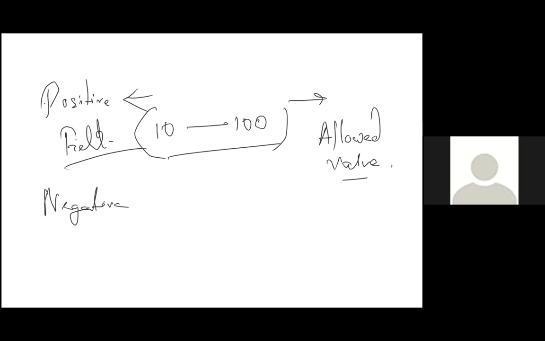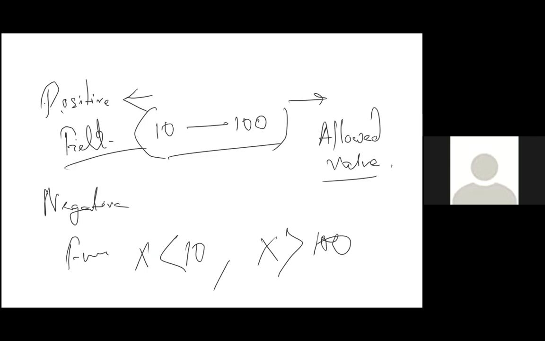If you get a requirement in allowed values, how will you create a validation rule then? A validation rule needs a condition to block. The customer can give the same requirement and say, in my field, do not allow any values which are less than 10 and greater than 100.